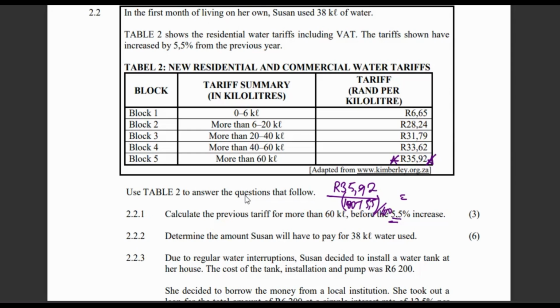What does it end up having? Please help me. What are we dividing by? 35.92 divided by what? By 100. I'm going to write it in clear form here.